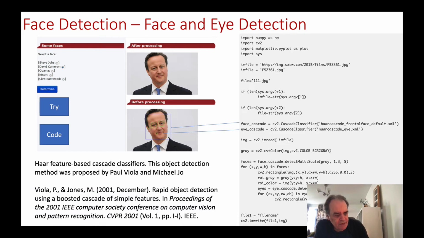The main method that we use is the Haar feature-based cascade classifiers, which was created by Viola and Jones. In this case, they define these XML filters, and these are filters which allow certain features to be traced.